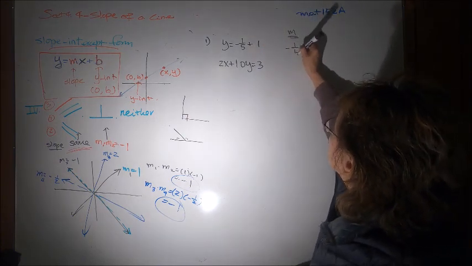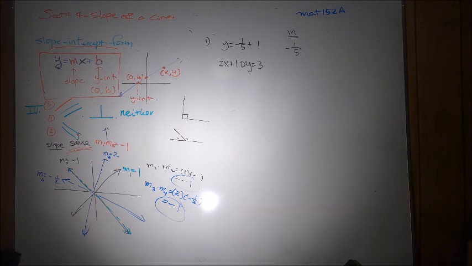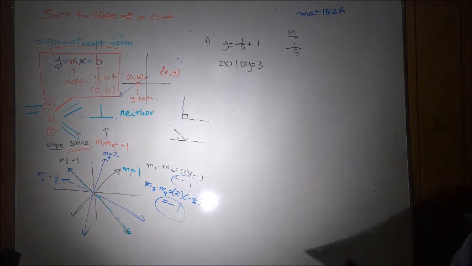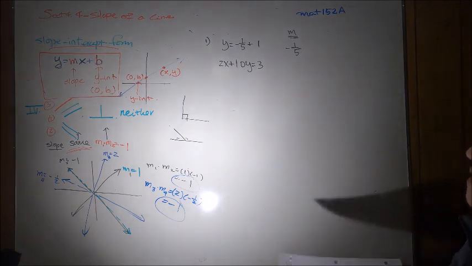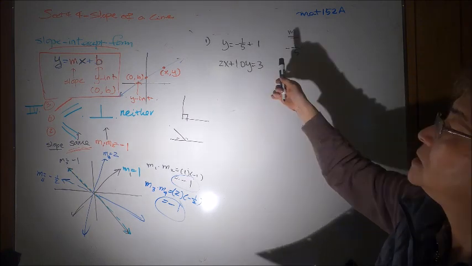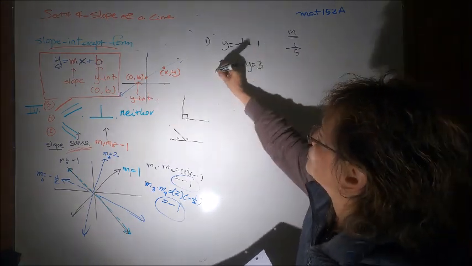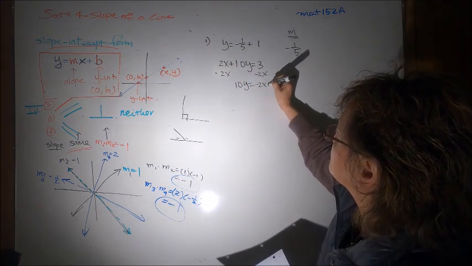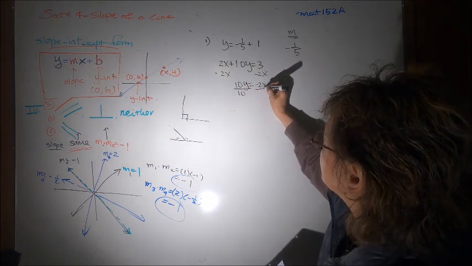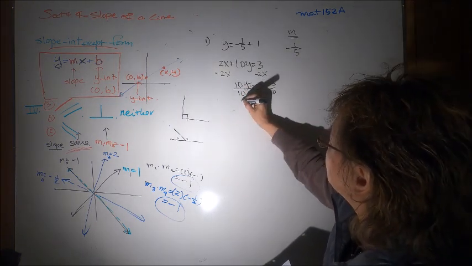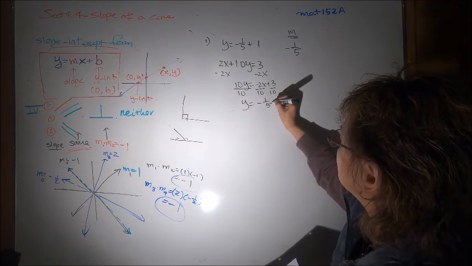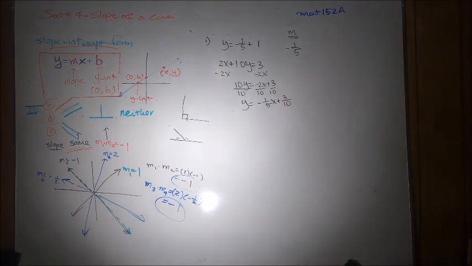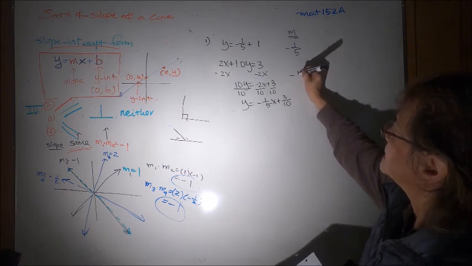This one you can tell, -1/5, right? How about this one? You cannot tell right now, right? So you need to change the standard form to slope-intercept form. Get y by itself. So what do we have? 10y equals -2x plus 3, right? Then you divide it by 10. What do we have? y equals -1/5 x plus 3/10, right? So the slope is -1/5.